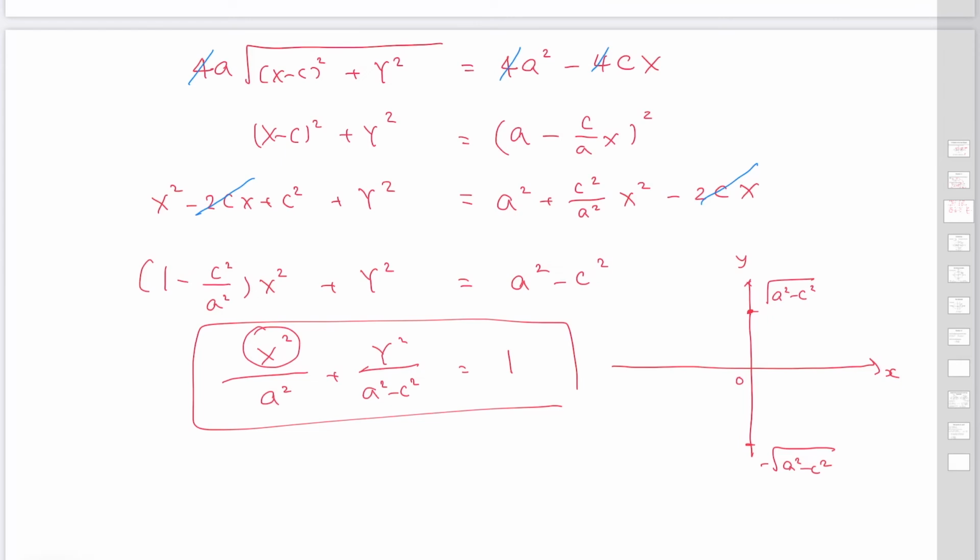And if you substitute y equals 0 here, x is plus or minus a. So by connecting the curve, you can easily find the ellipse. And this is the position of the foci. They are located at c and minus c. Okay, so this is the answer to the practice one.